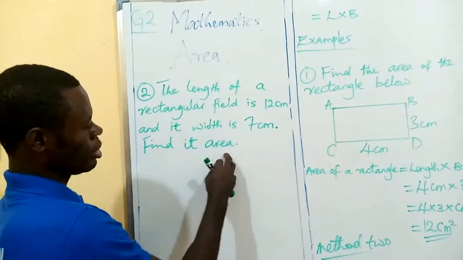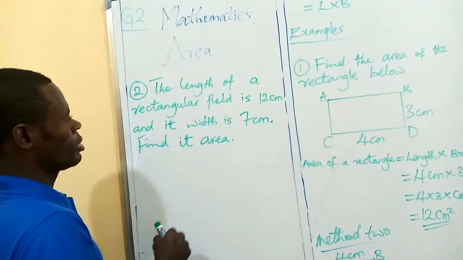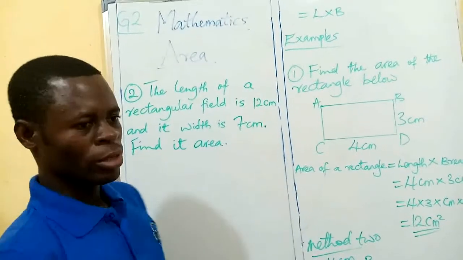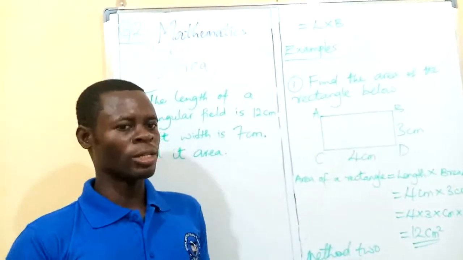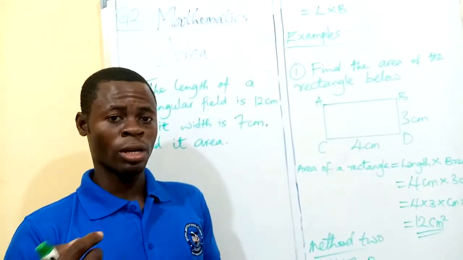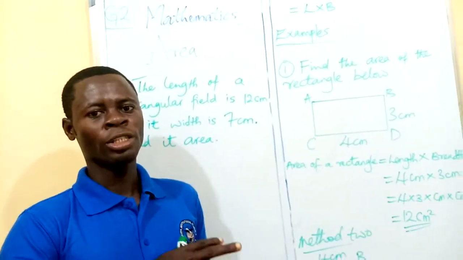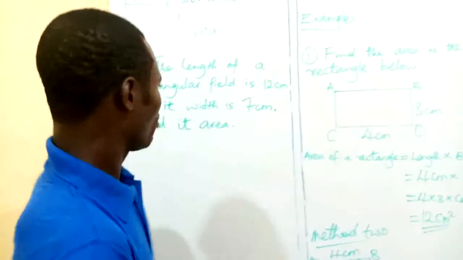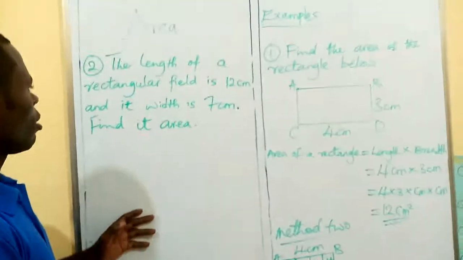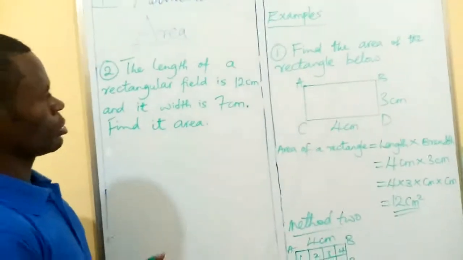Find its area. Before I start calculation, I told you that we'll be looking at areas of a rectangle and also areas of rectangular shaped objects. Right now we are looking at the area of a rectangular field.